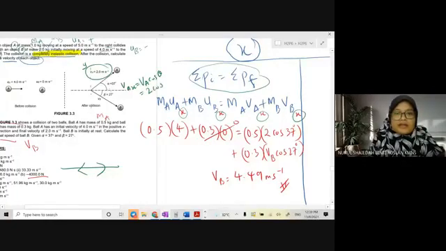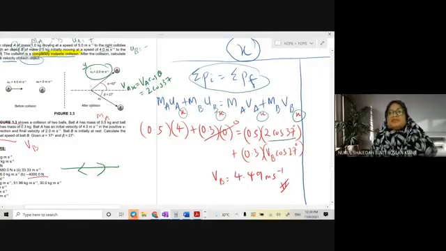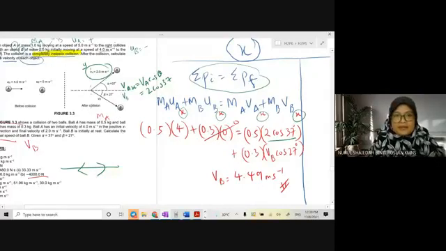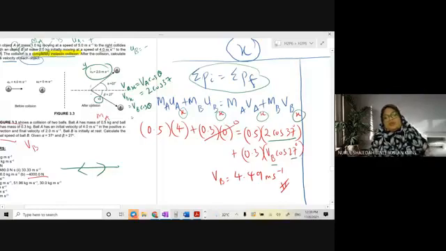Cos theta, theta yang attach dekat dia 37. So that's why saya letak 2 cos 37. VB pula, VBX is here, so dia jadi VB cos theta. Do we have VB? No. That's why saya letak je VB cos 27, because the angle attached is 27.